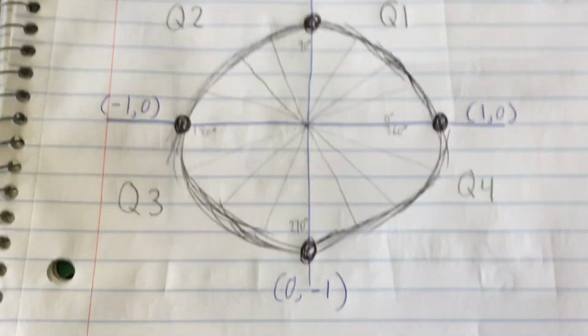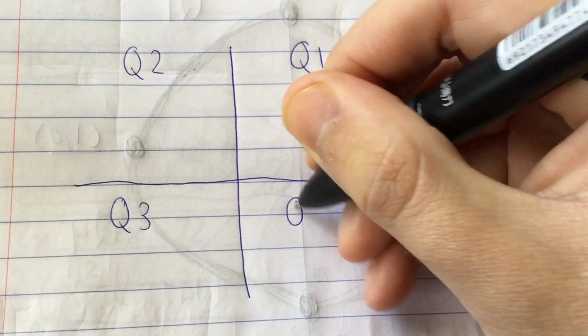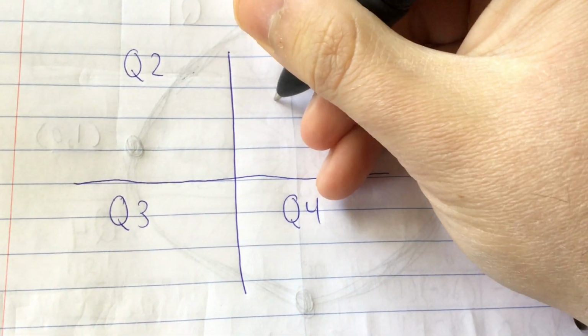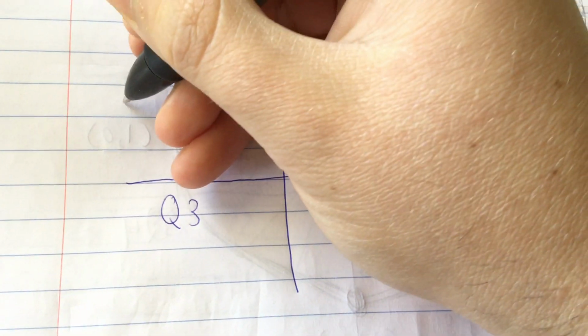So if you go back to Algebra 1, you had the Cartesian coordinate plane, and we called this quadrant 1, 2, 3, and 4. We had an x and a y for all 4 of them.